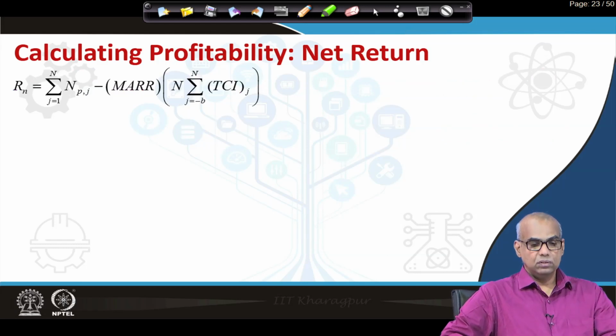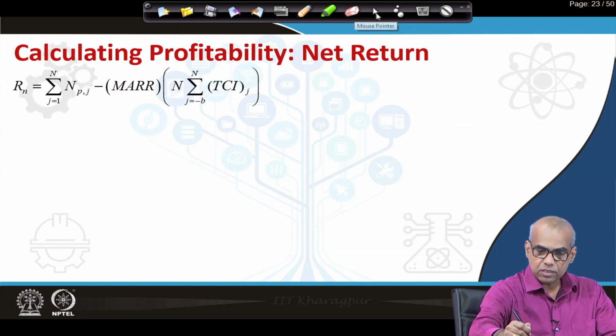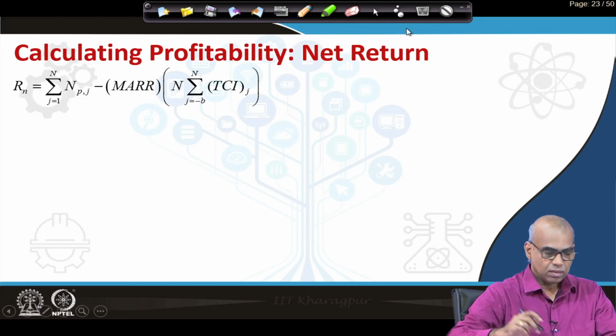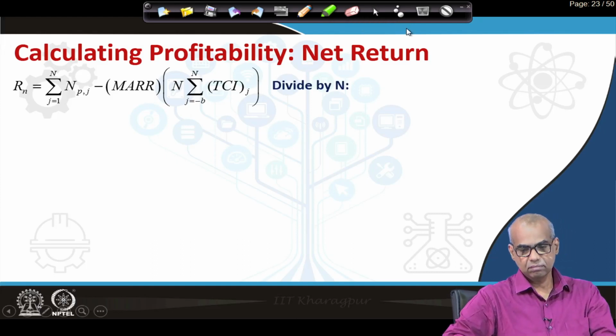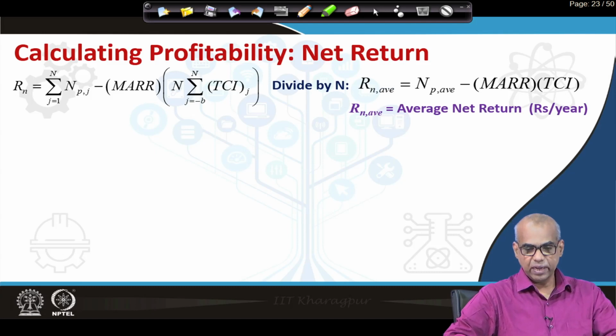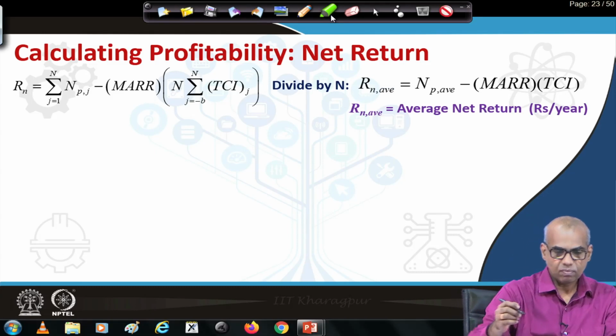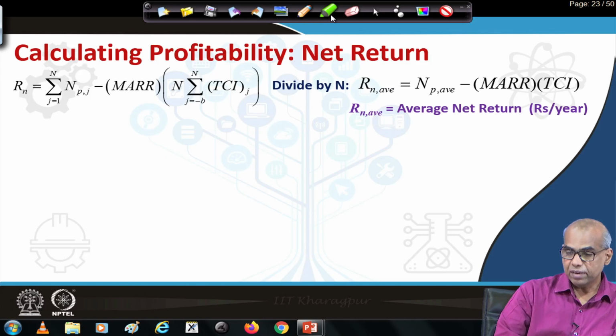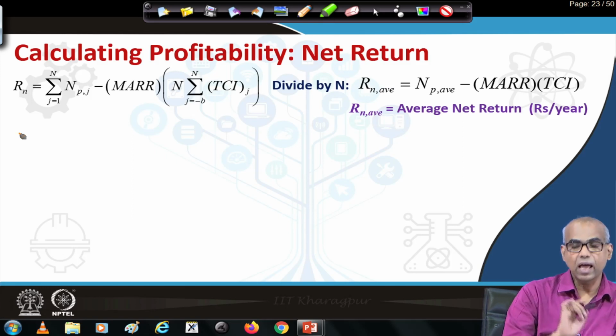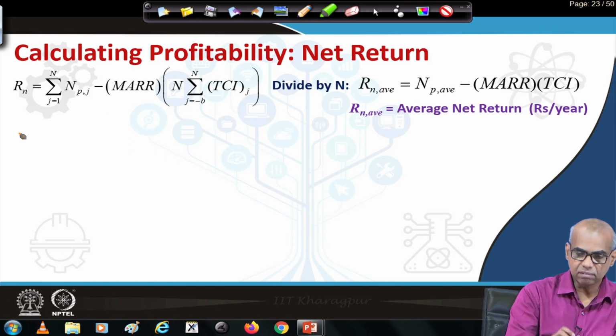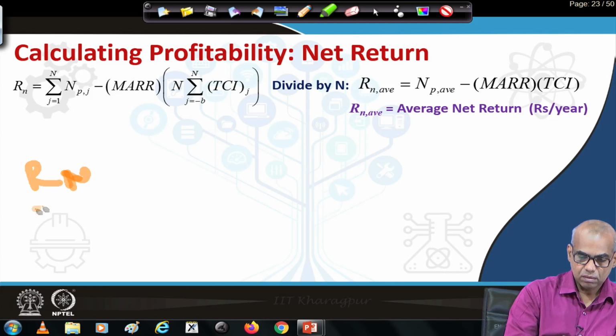So, now if this equation is divided throughout by n, what you get is the average net return, Rn by n.